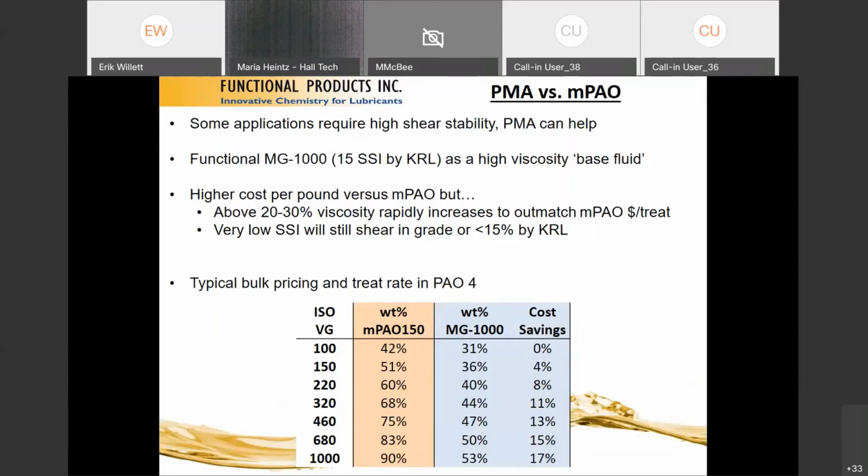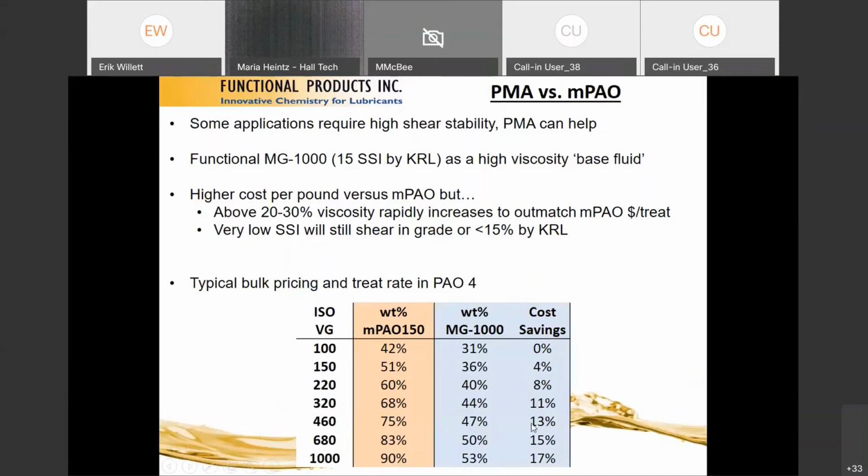So if you go with a shear stable PMA like our MG1000, initially, if you're at the low viscosity, they're going to be pretty cost competitive with one another. But once you get above ISO 100, the MG1000, although it's more expensive per pound, the viscosity it's adding means that you're using less and you actually end up saving more.